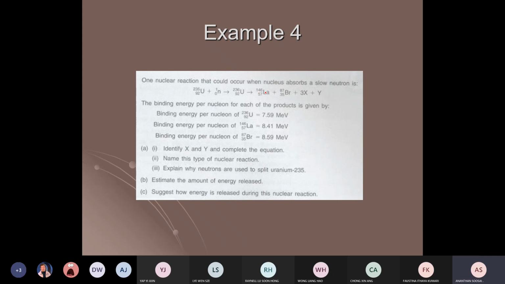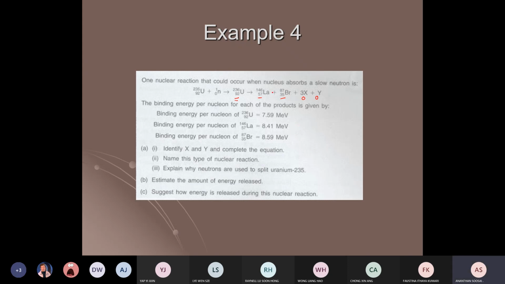So 146, 87. At the bottom is 57, 35. Here should be 92, right? So 57 plus 35, how much? It's also 92. That means X should have a 0 proton number, both must have a 0 proton number.